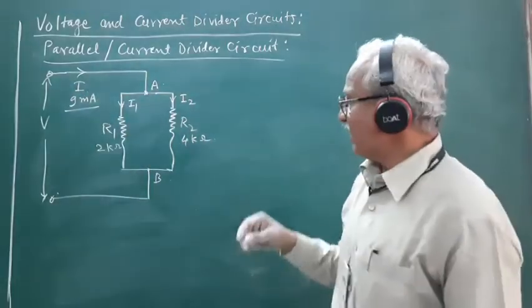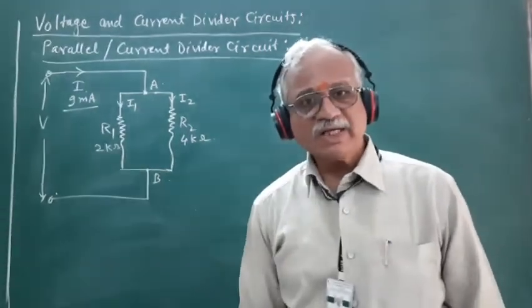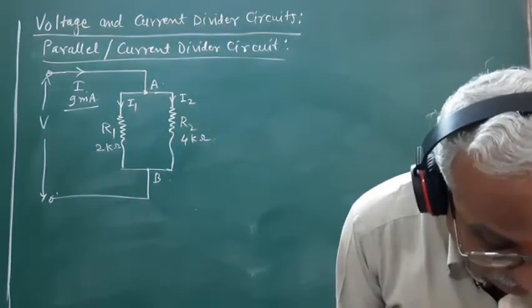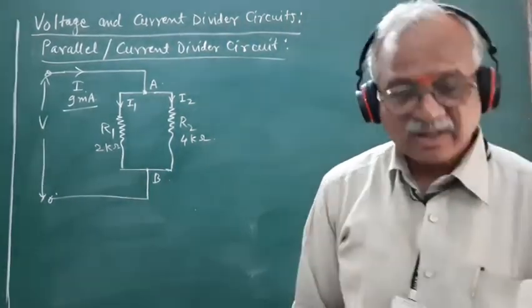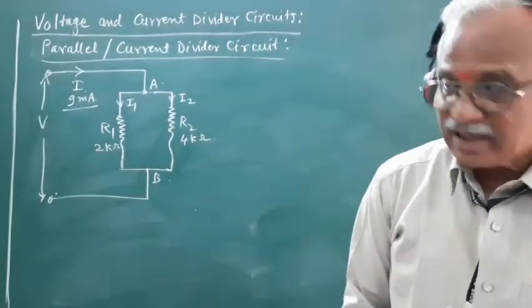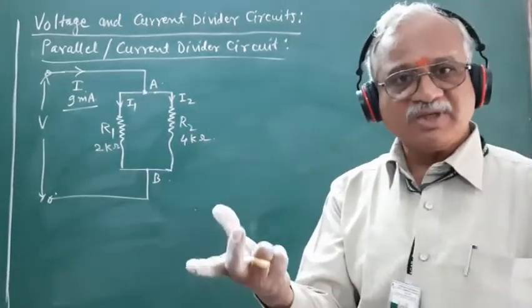That we can verify. So, these currents can be obtained by using the current divider formula. In case of a series circuit, the potentials were proportional to the value of the resistor.